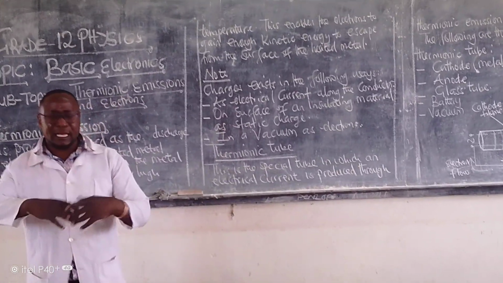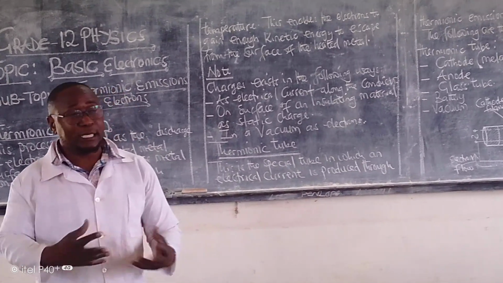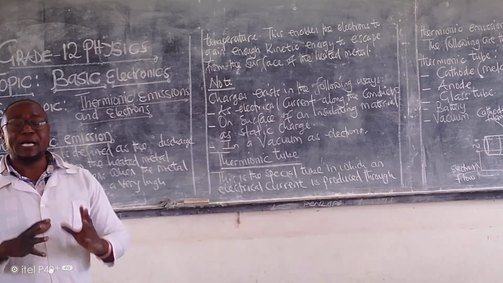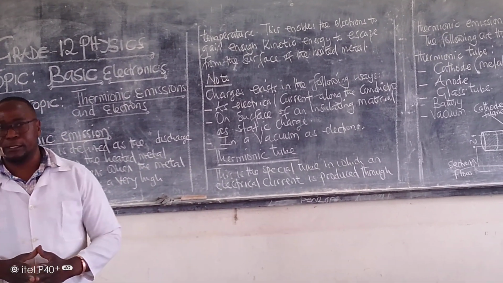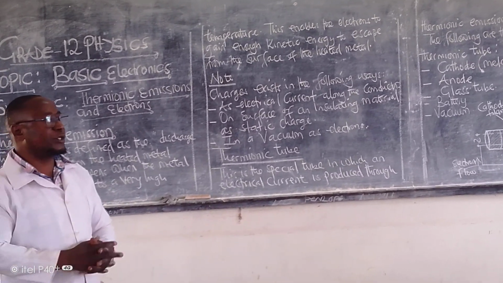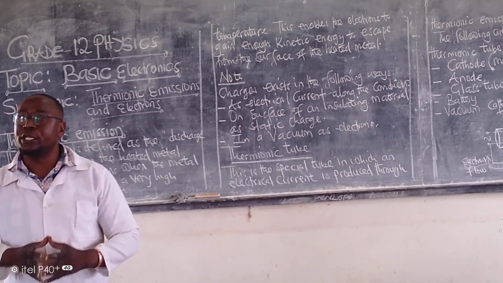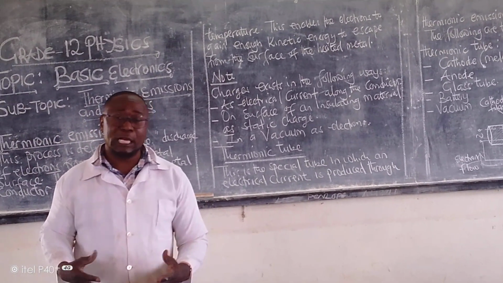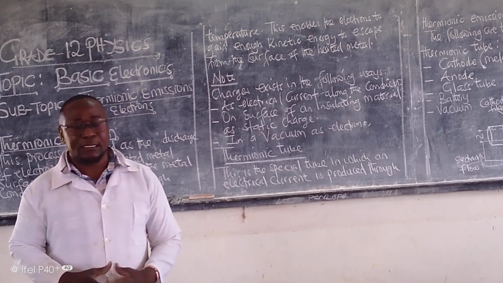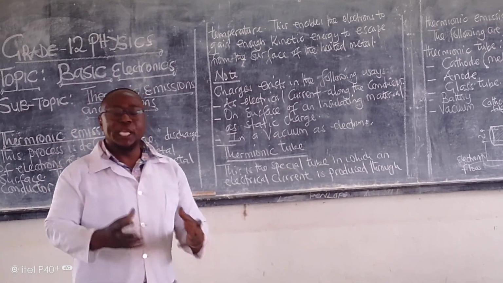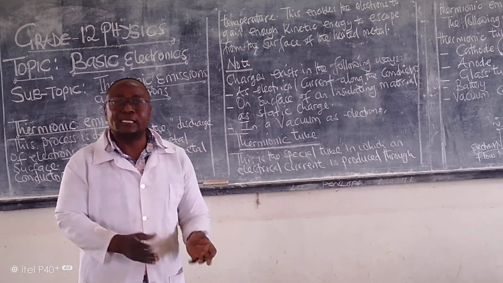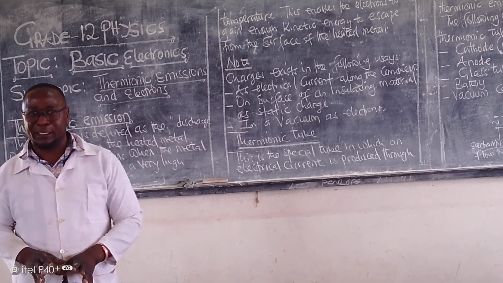Now, after the electrons have been heated up and escape from the metal surface, they pass through a special tube which we call the thermionic tube. So what is the thermionic tube? From the word itself, thermionic, it means that this is a special tube in which the charges or the electrons travel as a result of thermionic emission.